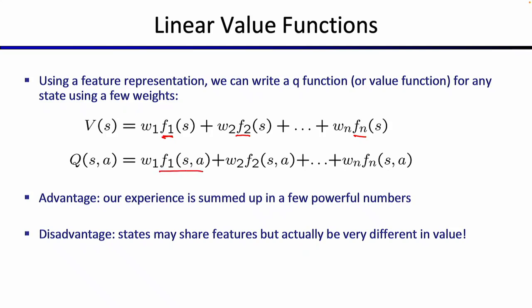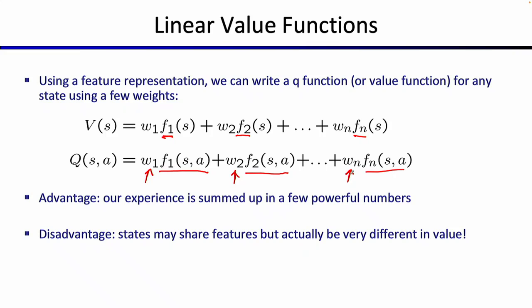The features are not something we can tweak, but how can we then generate different Q functions? Well, we can control and tweak these weighting parameters w1 to wn. These are the only parameters of the Q function that we can control.